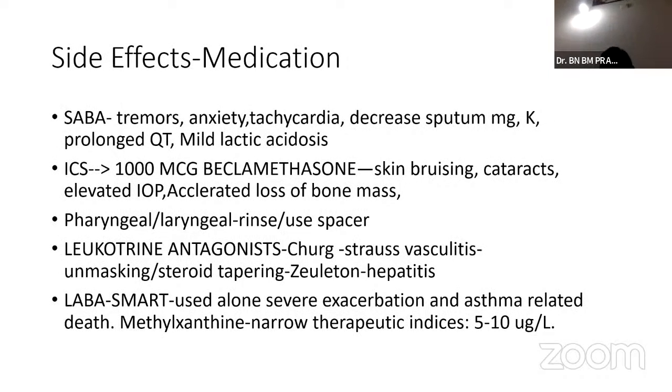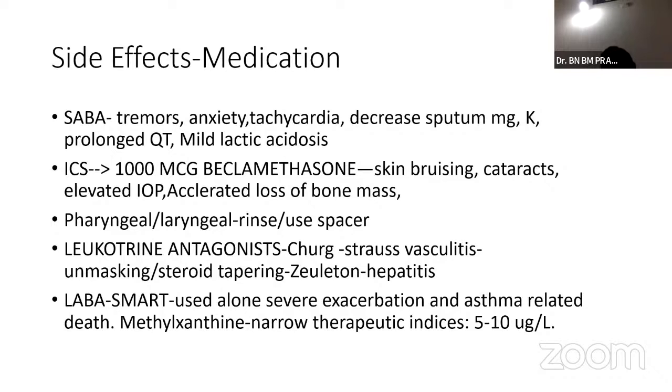So we have various side effects with this medication. SABA can produce tremors, anxiety, tachycardia, and it can also cause prolonged QT. Mild lactic acidosis can occur. ICS, as I told you, if you use more than 1,000 micrograms consistently, especially in case of children, you can have skin bruising.